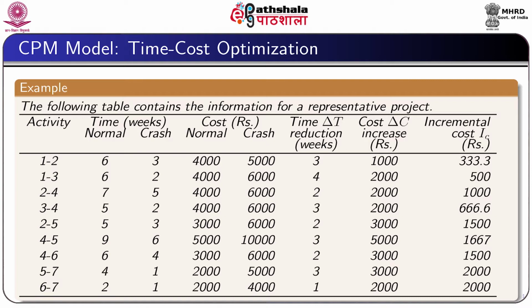All these times are presented in weeks, and the fourth and fifth columns show the normal cost and crash cost. So, from this data we can calculate delta T and delta C, and finally, in the last column we can calculate Ic, which is equal to delta C by delta T.